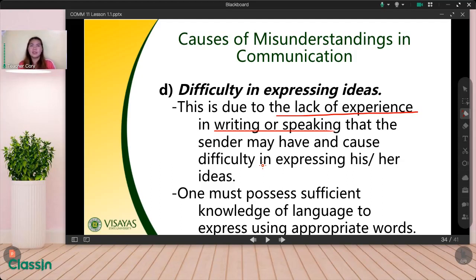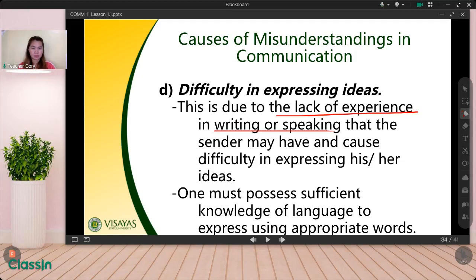That's why I really want you, class, to practice as much as you can in the classroom to speak and write, because the more you practice, the better your communication skills will be. One must possess sufficient knowledge of language to express using appropriate words.